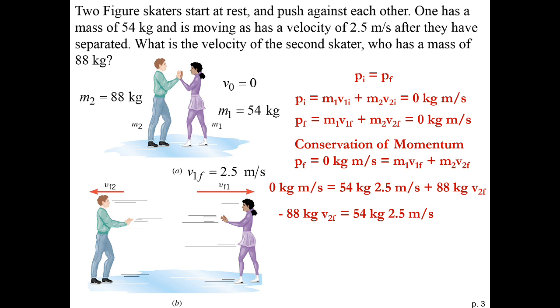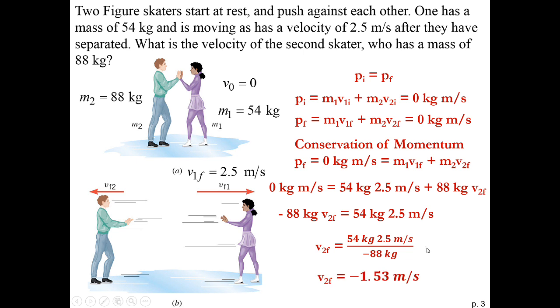And then if we do our algebra here, 54 kilograms times 2.5 meters per second for our one skater plus 88 kilograms times the velocity of 2 is equal to 0. So we can separate this out and subtract 88 kilograms times V2 from both sides, and then divide by the negative 88 kilograms to solve for the velocity of the second skater.